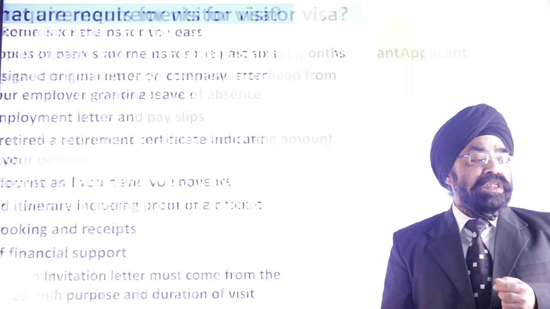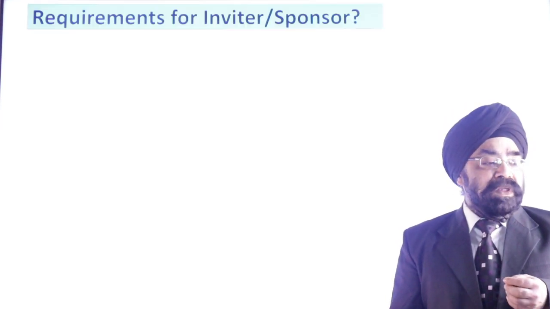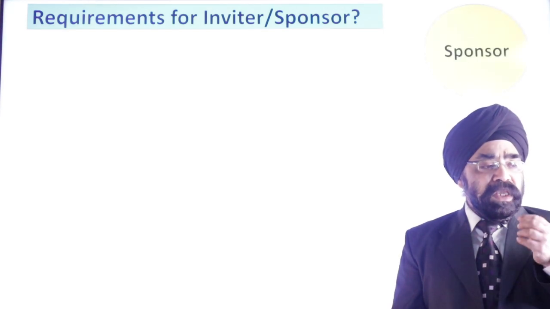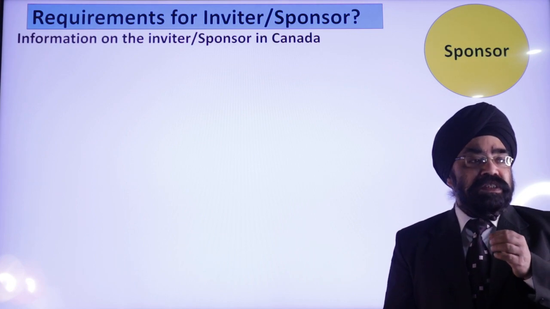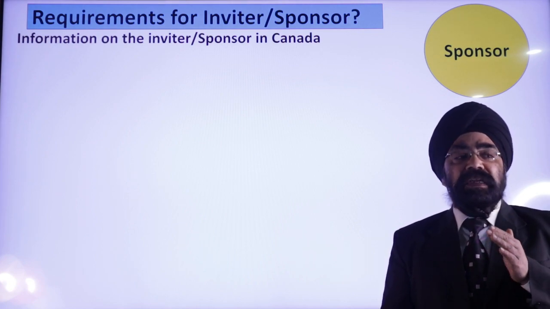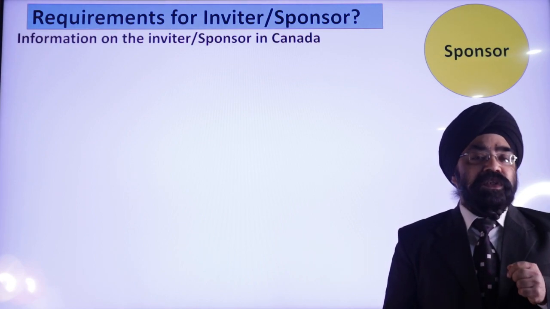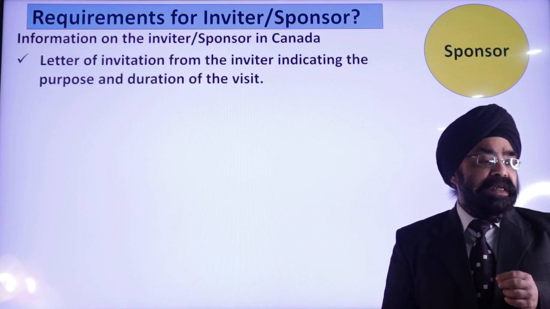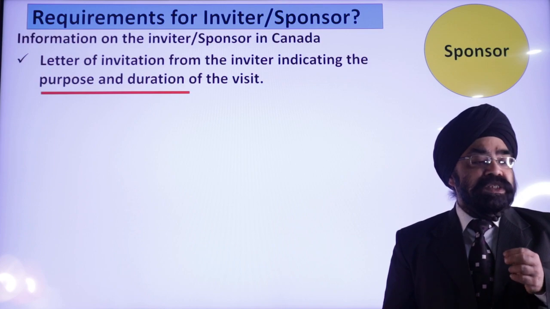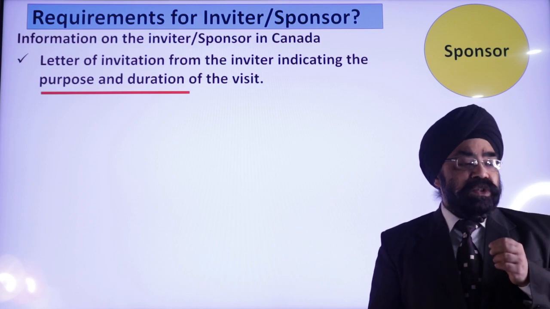So now that you know the applicant requirements and applicant documents, let's look at the requirements from the inviter or the sponsor side. From the sponsor side, the first thing is the letter of invitation. This is the most important thing. The letter of invitation is required from the sponsor, which shows the purpose and duration of the visit. And then you need a list of people who are in the inviter's home.